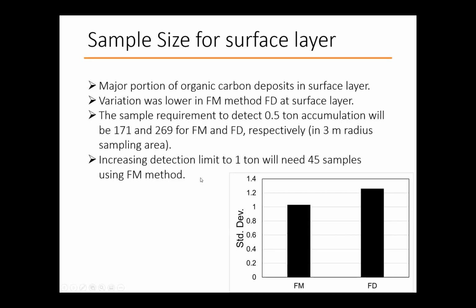So what that means is that in soils where we have higher variation, we can wait a little bit longer to detect any change, so it will help in reducing the cost and time for sampling. So this is one of the challenges that we can look at when it comes to estimating the organic carbon stocks in the field.